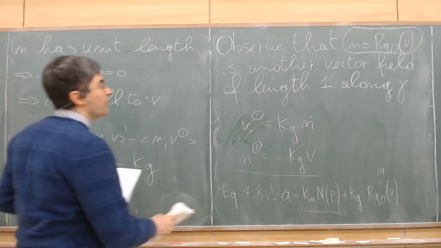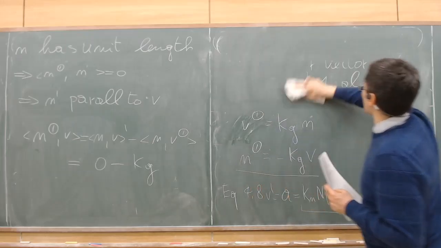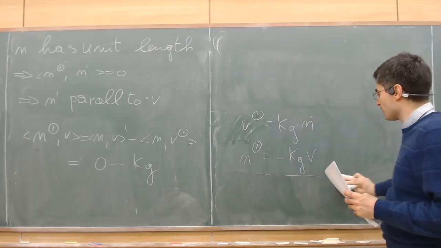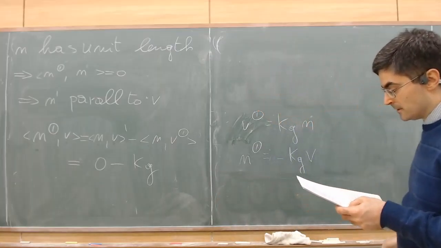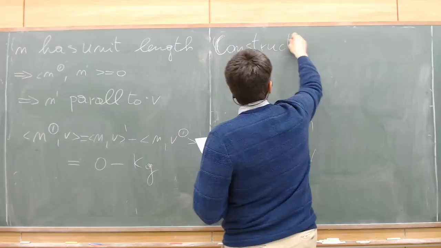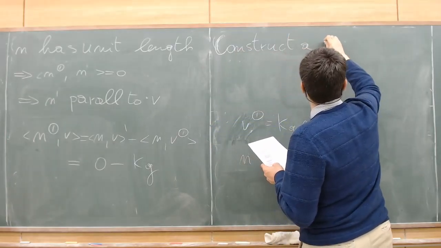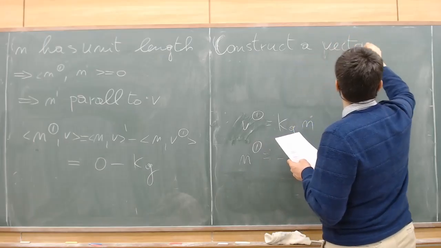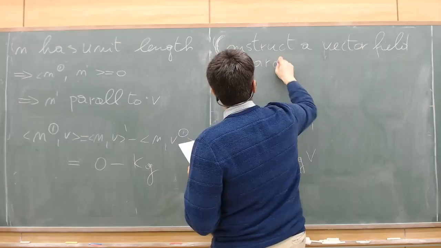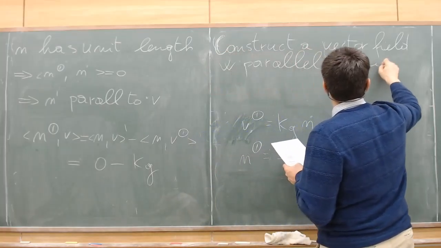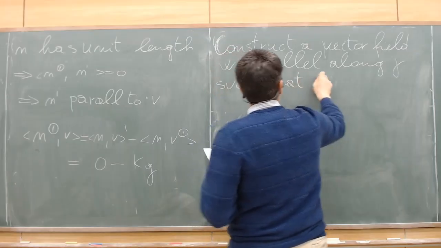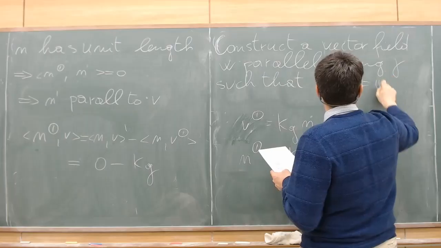Okay, so now we want to construct a vector field W parallel along gamma such that W at t0 is W0.